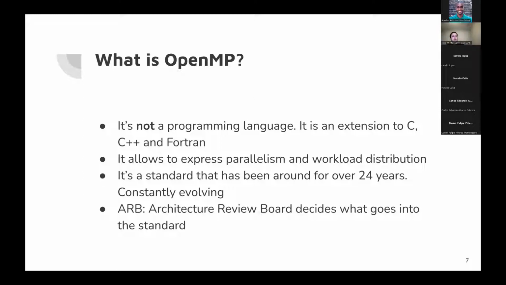The OpenMP ARB, the Architecture Review Board, is a set of people that sits multiple times a year and decides what is going to be added next into OpenMP. So when we talk about OpenMP as a standard, we are talking about the ARB, the set of people that define the standard. They are people working from different industries.